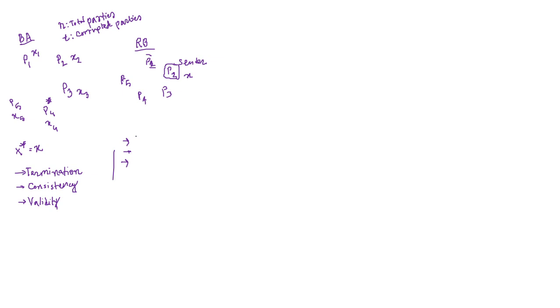So termination is again saying that the RB protocol should not run for infinite time. It should be completed after a finite amount of time, should be terminated. And consistency of the RB protocol is again that all the honest parties should receive a common output.